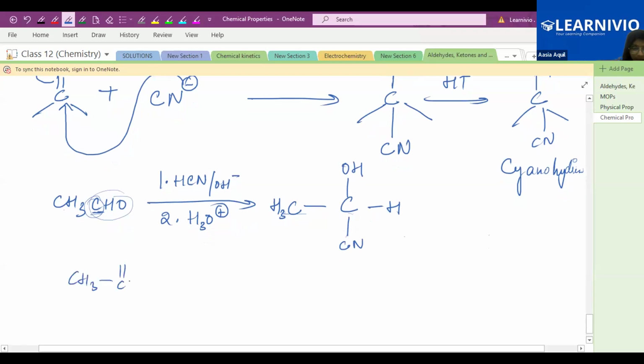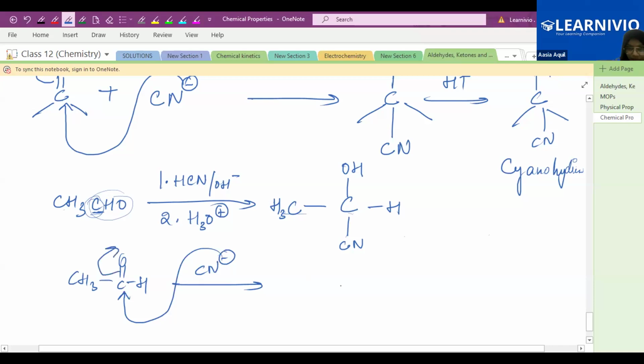If you want the proper mechanism, then let's see. CH3CHO. In the first step, you are giving HCN plus OH. When you dissociate HCN, it will give you CN minus, which acts as a nucleophile. It will attack this carbon and this bond will shift over.